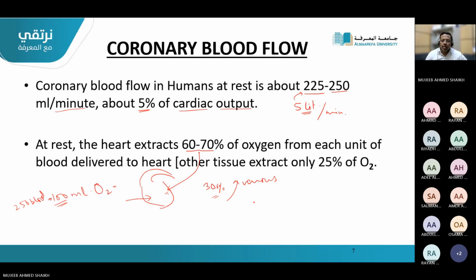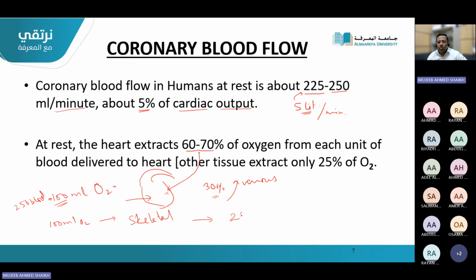Whereas if a similar amount of oxygen, let's say 100 ml of oxygen, goes to resting skeletal muscle, then how much will it extract?